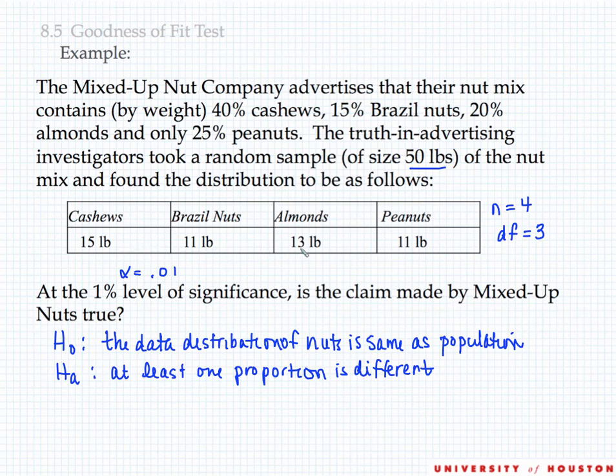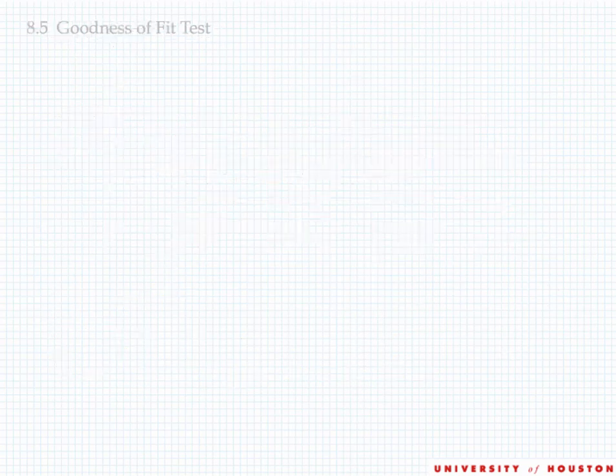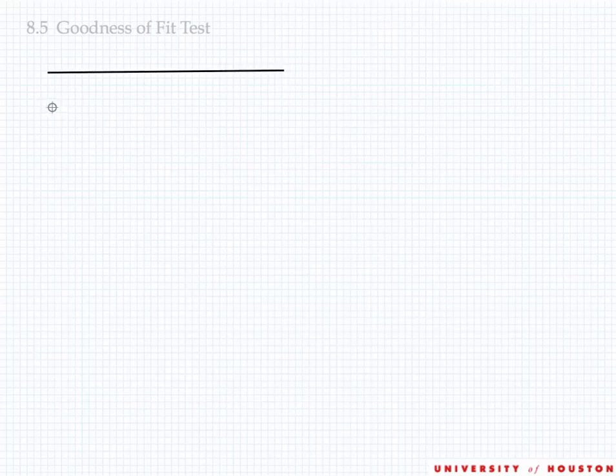Now, these are my sample values. These are the observed values. We need to find our expected values. So based on 50 pounds and these percentages, we're going to get our expected. Let's make a chart with our observed and our expected, and then we'll find our observed minus expected squared over expected value. So we're going to make a little table here. And I'll make our columns, and I need a row for each type of nuts.